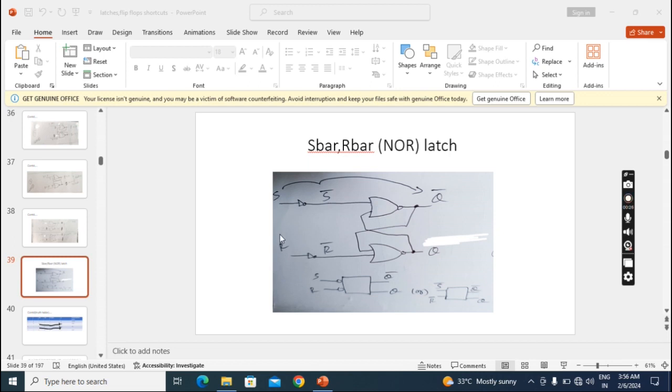I actually give SR values, they become inverted and go to the NOR latch, so that I will get the output accordingly. And here, straight to S and S bar, I have to connect Q bar. That is the construction of the latch. And in the symbolic diagram you can see, if I show SR you have to use bubbles, but if I show S bar R bar you need not use bubbles.